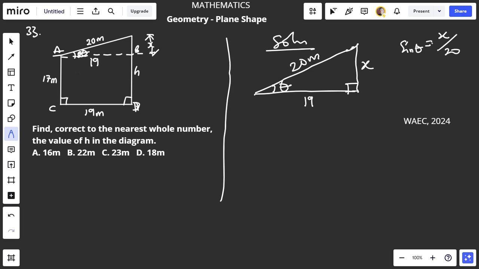So we have to look for a trig ratio that we will first use to find theta. Then when we find theta, we use sine to find X. And what trig ratio is that? Cos.